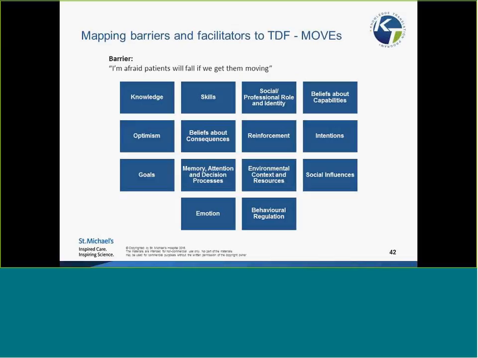But if the barrier to change is a belief about a consequence and an emotion, giving people access to knowledge and the skills to do it is unlikely to change their practice and get the outcomes that you're looking for. So thinking about barriers and facilitators in this way really helps set us up to pick strategies that more directly address the reasons people are or aren't actually making changes.